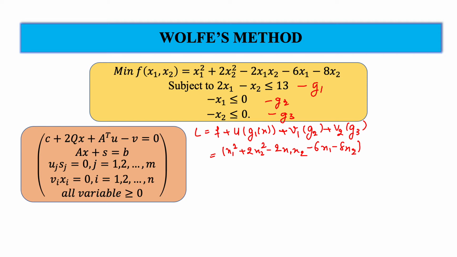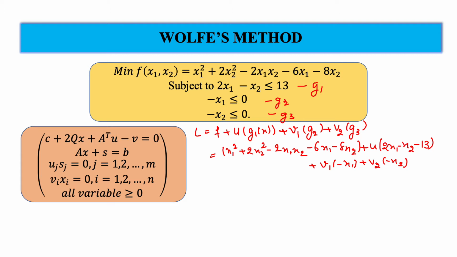Then u into your first constraint, 2x1 minus x2 minus 13, then v1 into minus x1 plus v2 into minus x2.